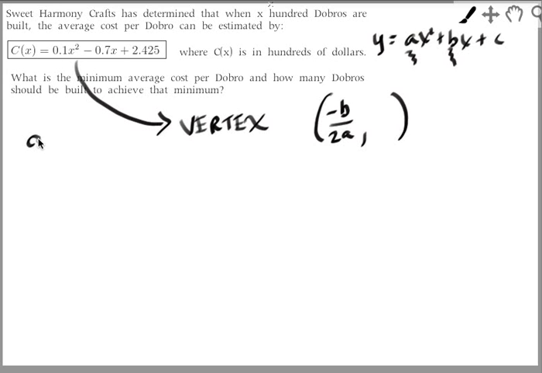So our a here is going to be 0.1, and our b here is going to be a negative 0.7. Please notice that I said a negative 0.7. You certainly could think of this subtraction here as the addition of a negative 0.7. My way of thinking about it is just to take the whole term like that. That gives me my negative 0.7.